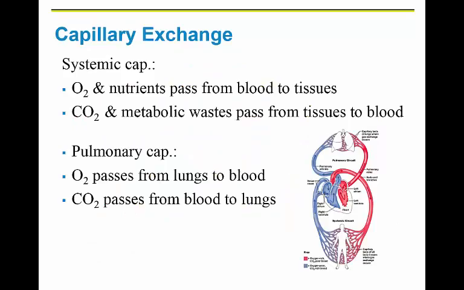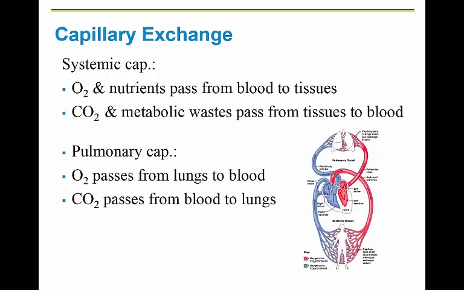Capillary exchange in the systemic system, we'll see that oxygen and nutrients will pass from blood to the tissues, and waste products, such as those produced during respiration, and we'll get into that when we talk about breathing and lung functions, carbon dioxide and those waste products are going to be passed out of the tissues back into the blood.